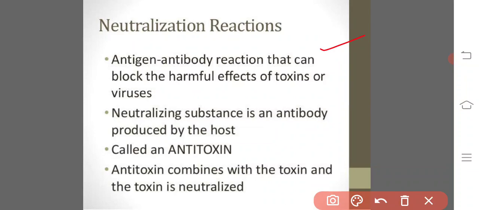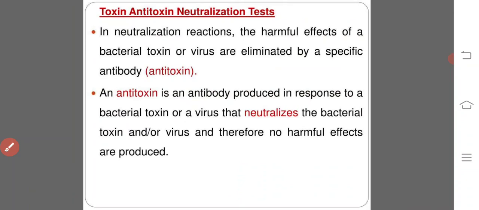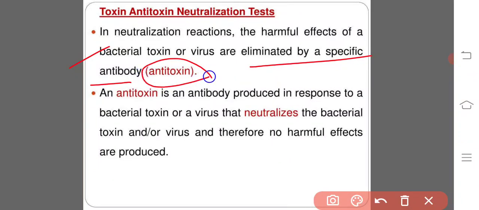The neutralizing substance is an antibody produced by the host, which is known as the antitoxin. Antitoxin combines with the toxin and the toxin gets neutralized. In toxin antitoxin neutralization tests, in neutralization reactions, the harmful effects of a bacterial toxin or virus are eliminated by a specific antibody, which is commonly known as an antitoxin.